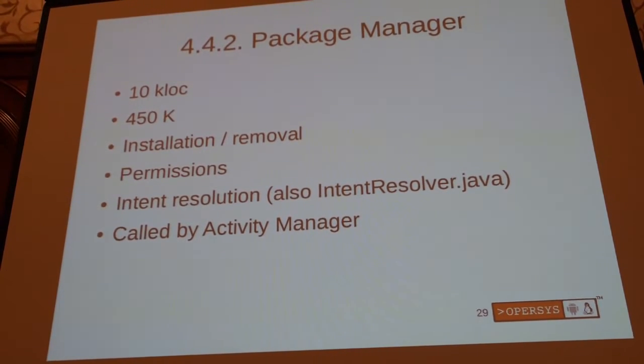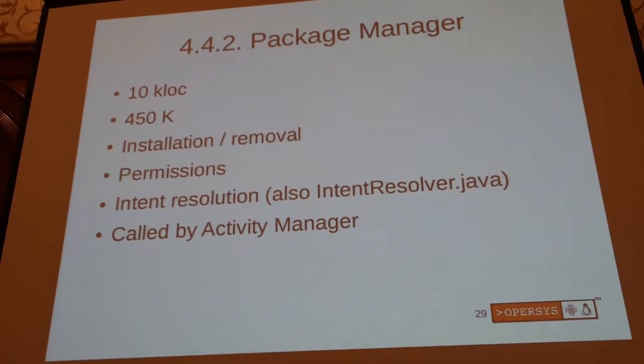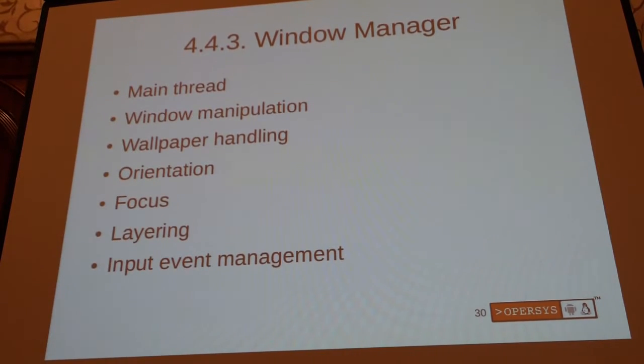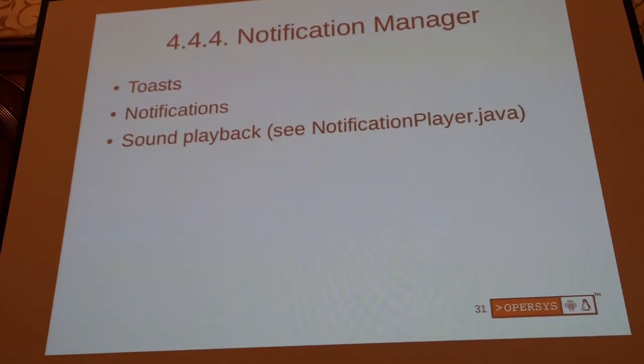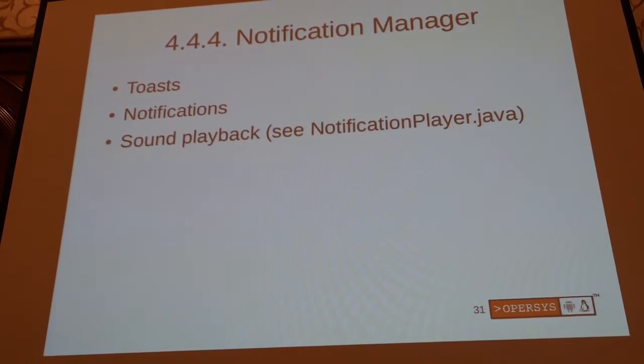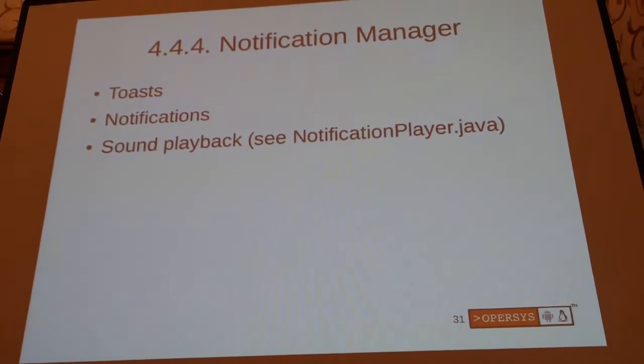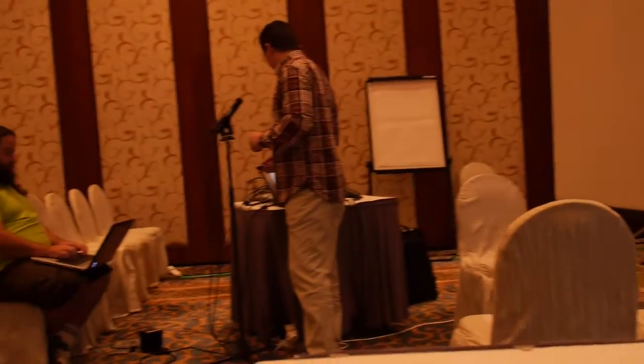When you shoot out an intent and say, for example, I want to view a PDF, this will find a PDF viewer for you. Window manager takes care of the layering, the Z order, and the positioning of things on the screen. Notification manager takes care of toast messages and the display of things on the status bar, so it sends out, show this icon, there's a new email or whatever.